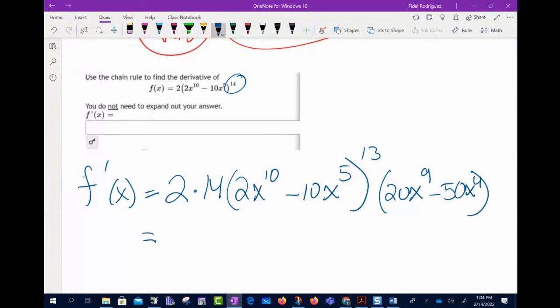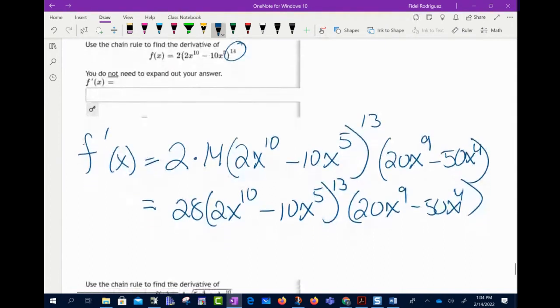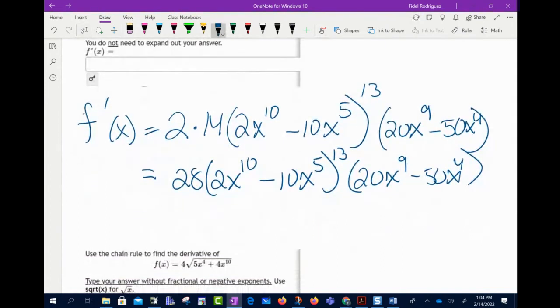The only thing I would do here, y'all, is that. Yeah, I'd probably just leave it like this. If anything, I might distribute this 28 to those over there. You know what I mean?